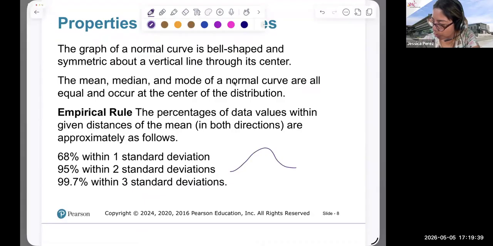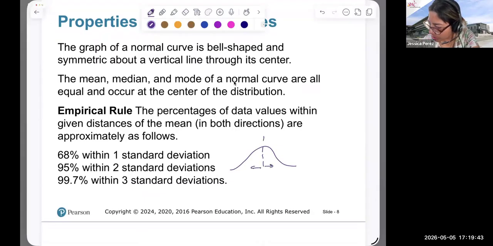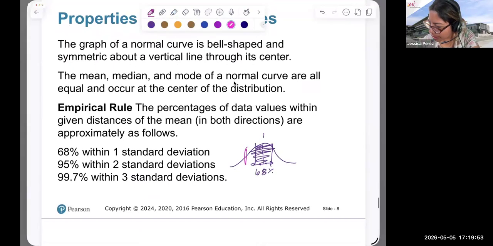Now, the percentages of data within some given distance are approximately as follows. If you have a normal curve and you go one standard deviation away, the area under the curve is going to be 68%. As I'm pushing towards the corners, two standard deviations away, this area is now 95%.